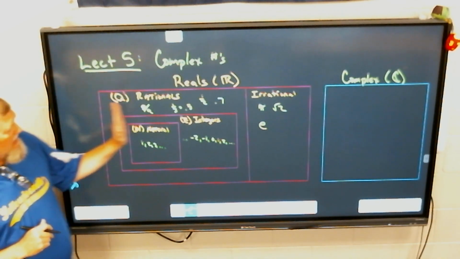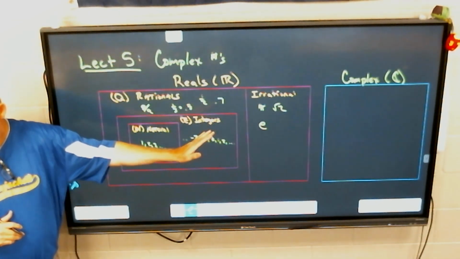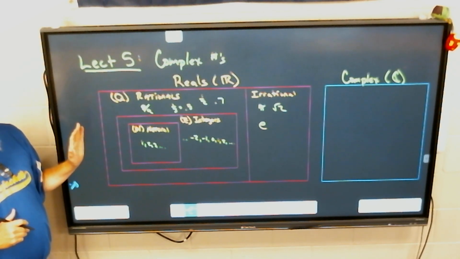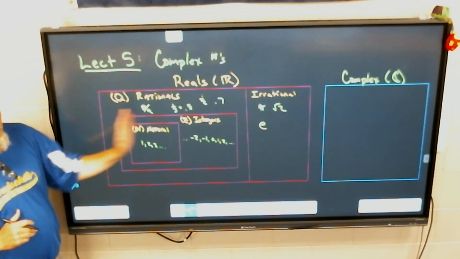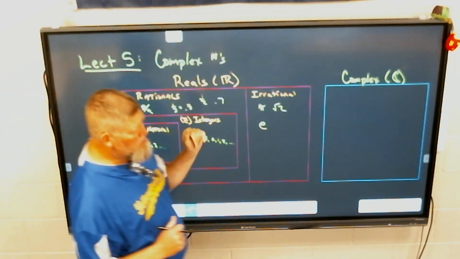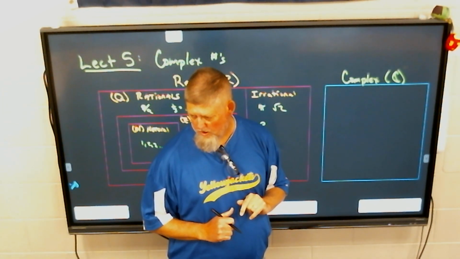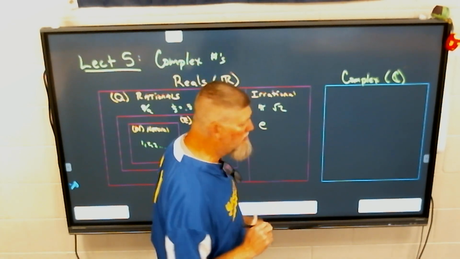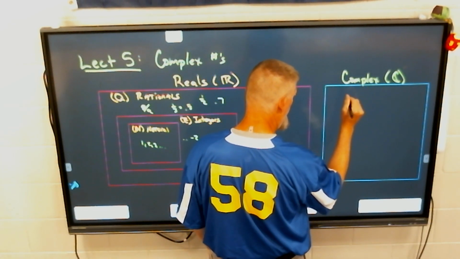Now, everything in this box are real numbers, and they can all be put on a number line. When you first started learning numbers, everything you learned was real numbers. And then in algebra 2, we introduce you to complex numbers. What are complex numbers? Now we include the imaginary. And actually, this should just be imaginary.